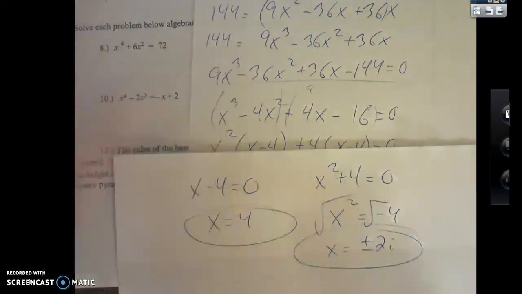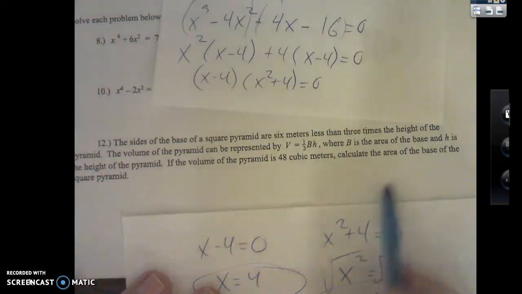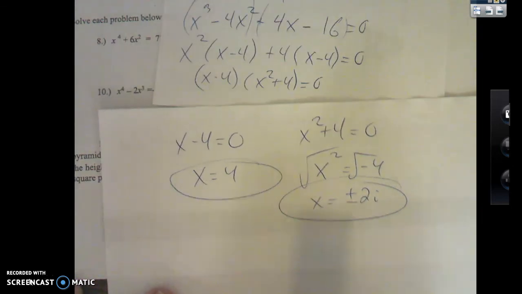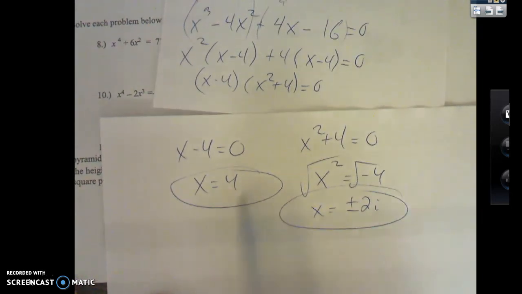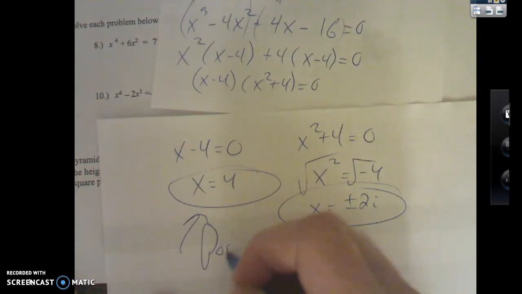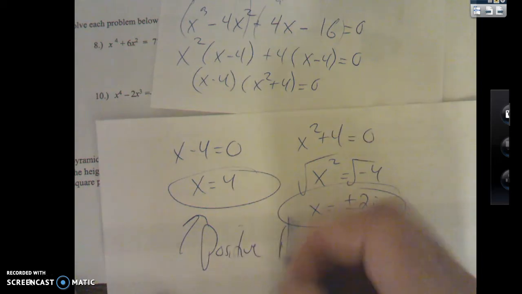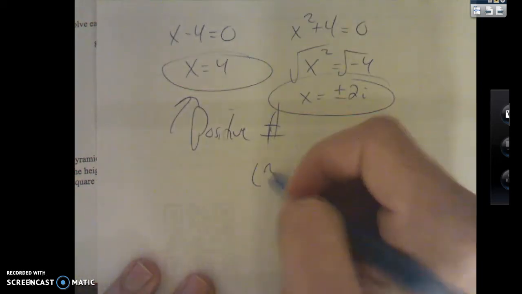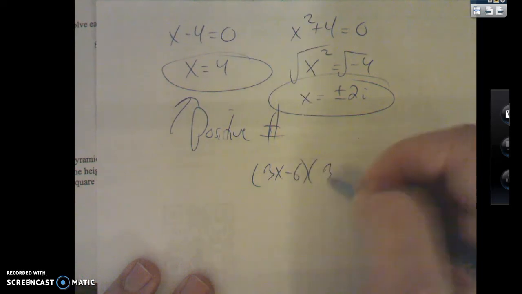Now, I have all the work under the sun. Let's go back to see what we're asking for. Calculate the area of the base of the square pyramid. Guys, you can either have a plus or minus 2i or a 4. You want to use the positive number. The area of the base was, when we originally had, 3x minus 6 times 3x minus 6.